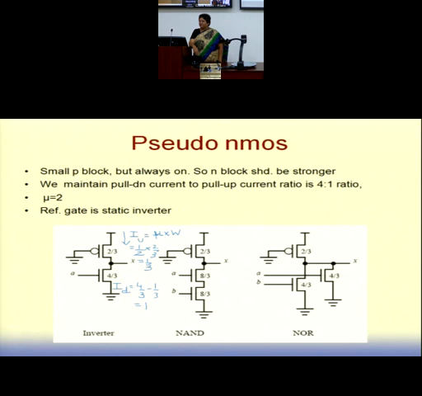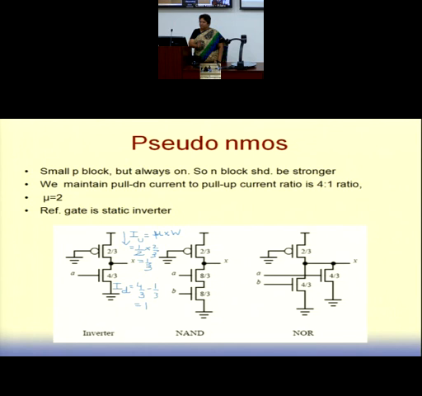Pull down will happen at the rate of 4/3 minus 1/3. That is 3/3. That is 1. So actual pull down capability is 1. And pull up is how much? 1/3. So actual pull up current is 1/3 and actual pull down current is 1.